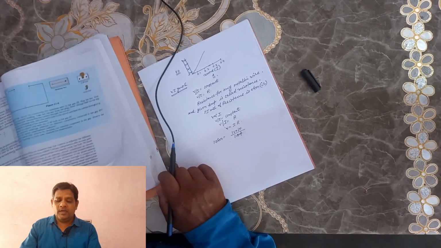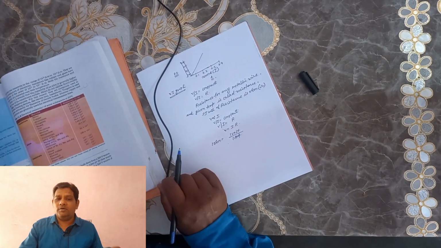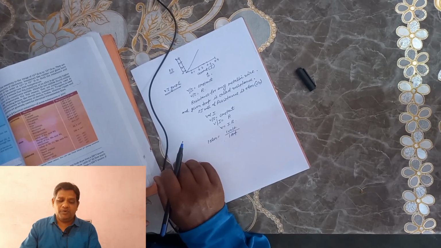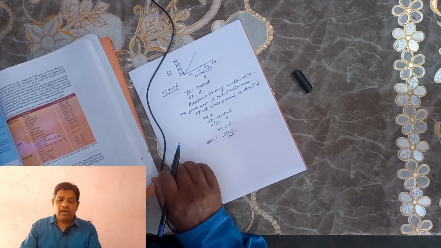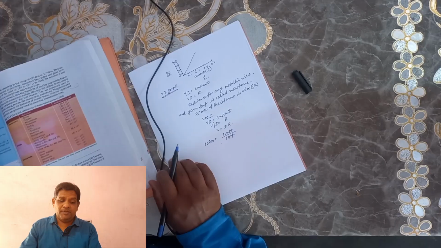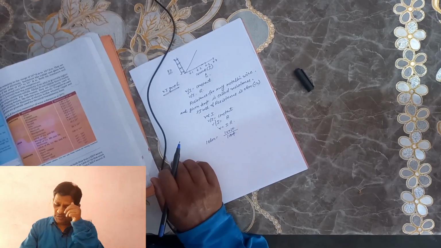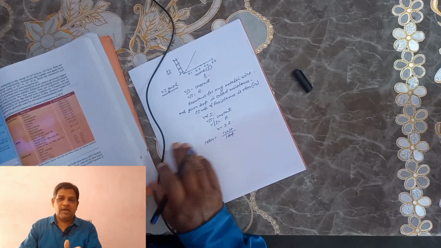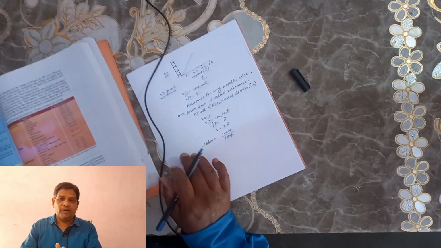Now, we have to know what the factors are. There are some factors we have to know very well, because without them you cannot identify how electric current, the motion of electrons, goes from one terminal to another.